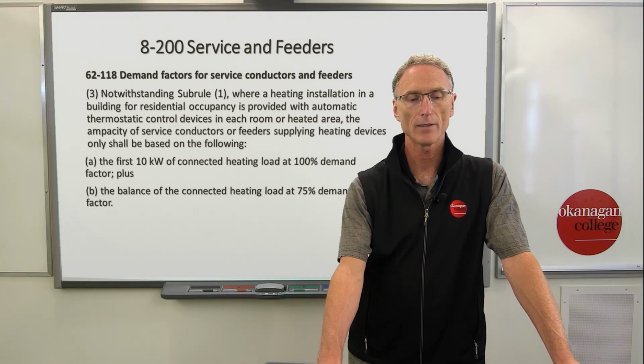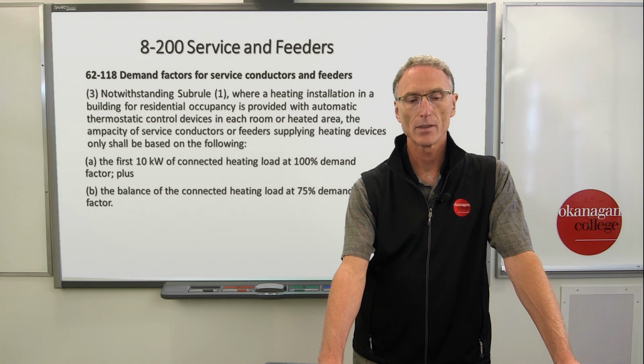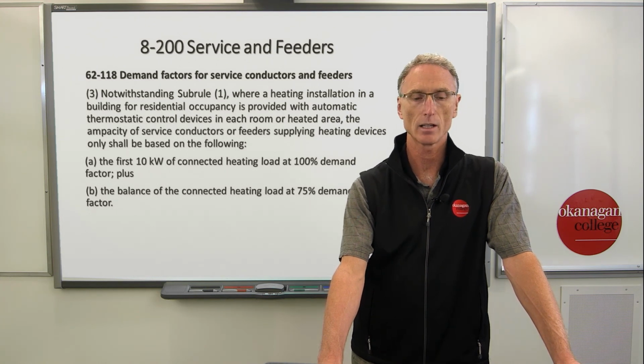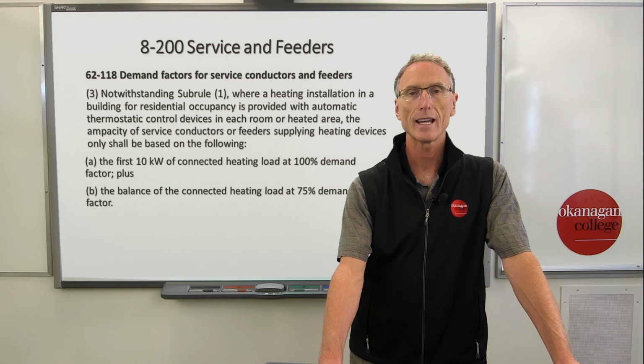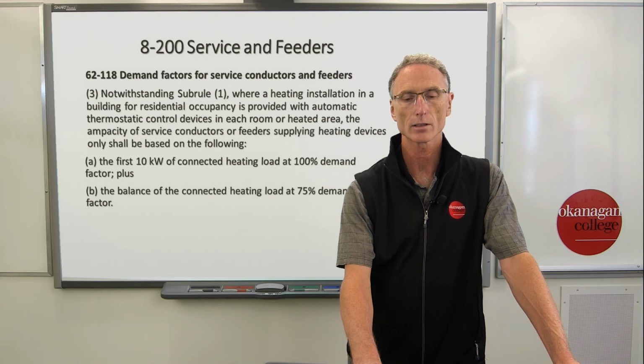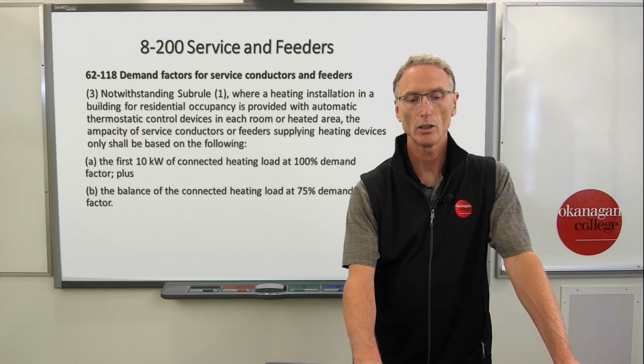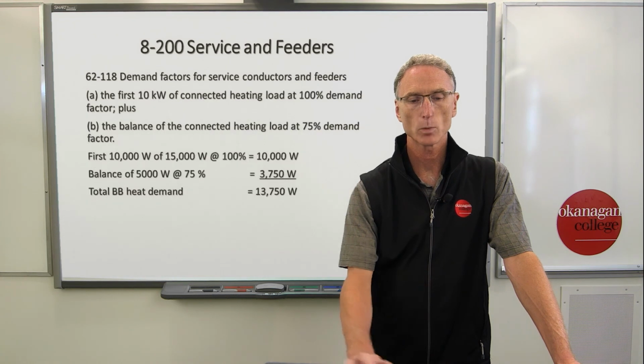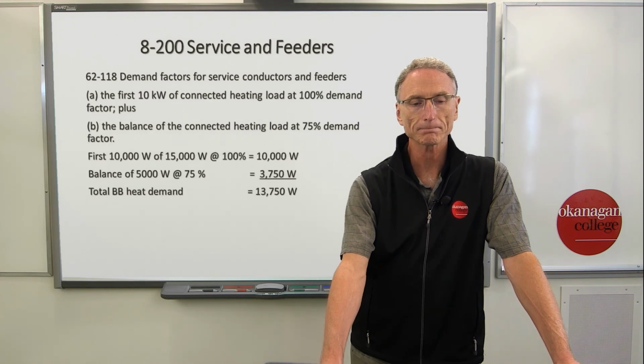Let's look at the B factor here, and we have the balance of the connected heating load at 75% demand factor. So anything above 10,000 watts, we're going to take at 75%. And that's that little break they give you because we have individual thermostatically controlled devices for each heating unit in the rooms. So let's break down that calculation, shall we?